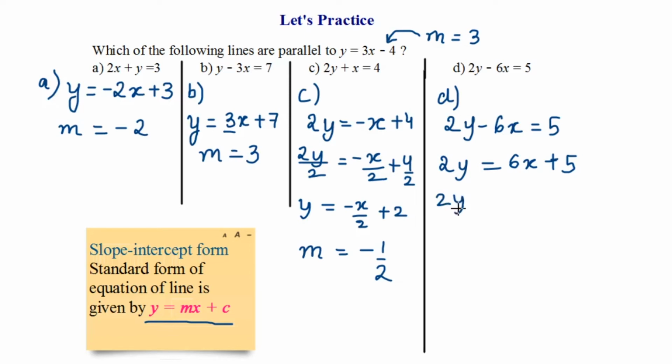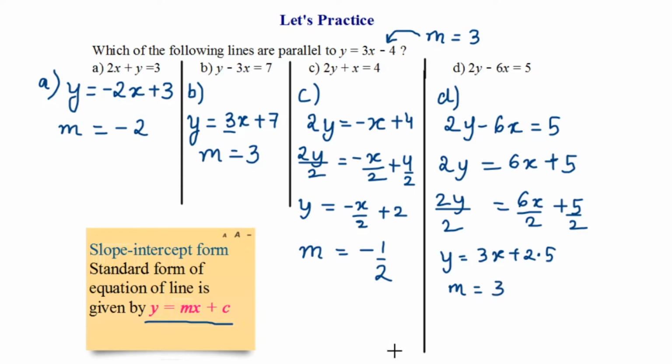Hence, 2y by 2 is equal to 6x by 2 + 5 by 2. y = 3x + 2.5. Here we can observe that the coefficient of x is 3 and hence the gradient of this line is 3.